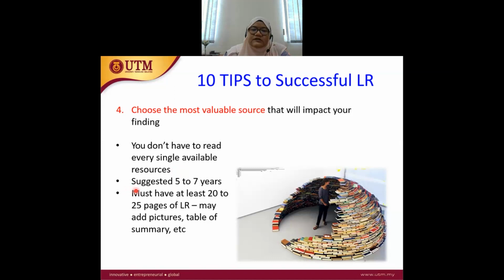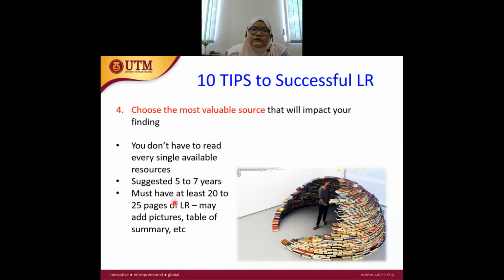I'm suggesting the literature review should cover 5 to 7 years, especially when you are doing the introduction. You must write at least 20 to 25 pages of literature review. You may add pictures and summary tables to get to 25 pages. I know it's a lot, but if you do it properly, you can eventually achieve this 20 to 25 pages.